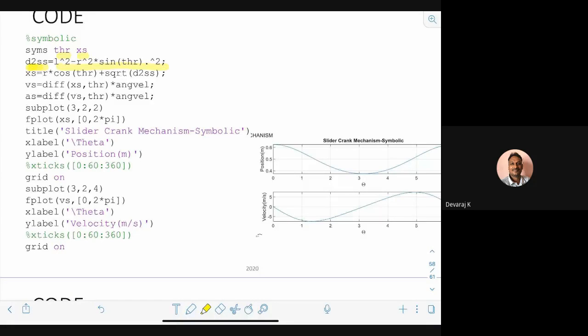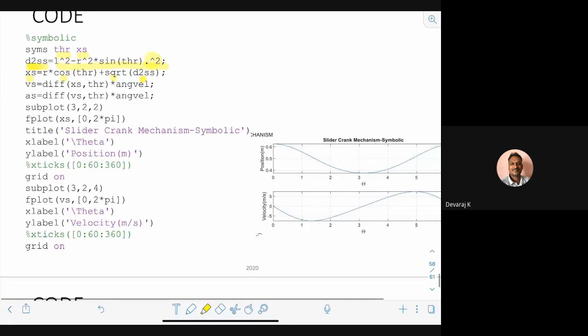Now xs is r cos theta plus the square root of d2s, which is known to you. Remember, I have already taken the square root here. So xs is known to you. What you simply need to do is differentiate this xs. If I want vs, it is dxs with respect to dt. But xs is in terms of theta.